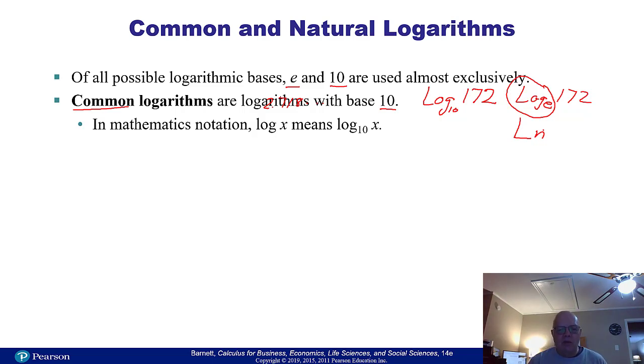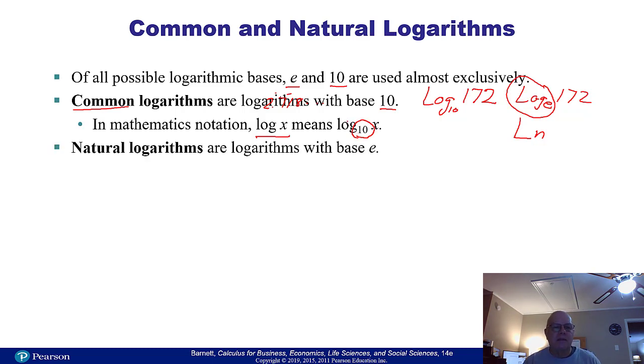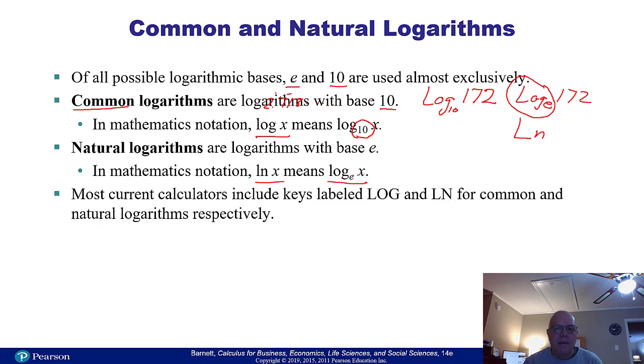All right, let's move on here. So, just a note right in the center here. Without the base means it does have a base, and that's a 10. Common logarithm, base 10. Natural logarithms have base E. So these two things mean the same thing. ln and log to the base E are saying the same thing.